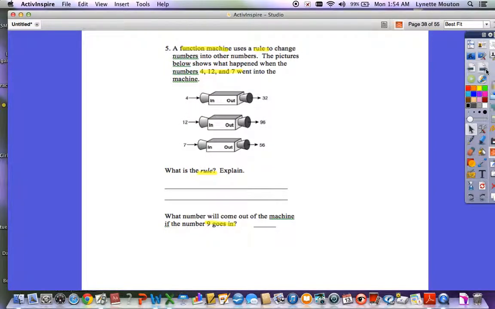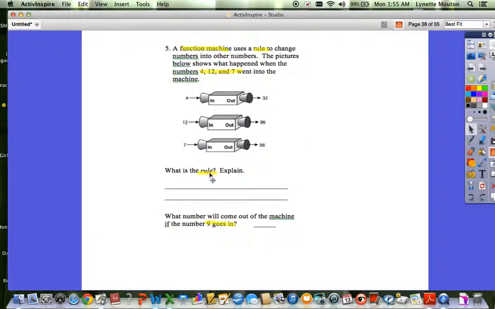Next one, and the last one, is our function machine. And this function machine uses a rule to change numbers into other numbers. The pictures below show what happened when the numbers 4, 12, and 7 went into the machine. So we put 4 in, we got 32 out, 12 in, we got 96 out, 7 in, we got 56 out.